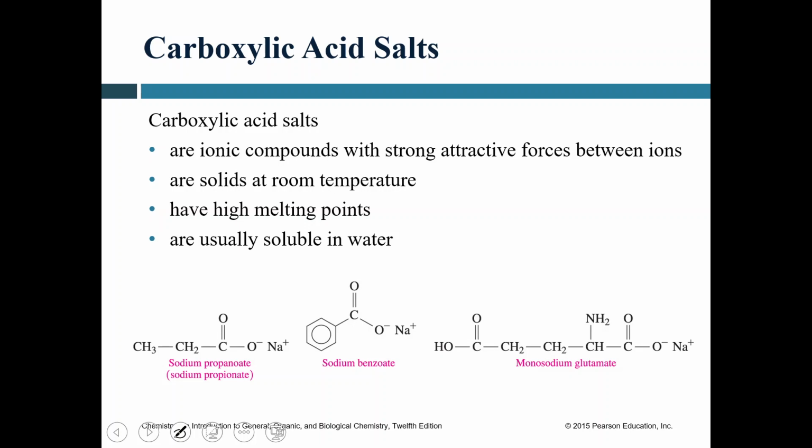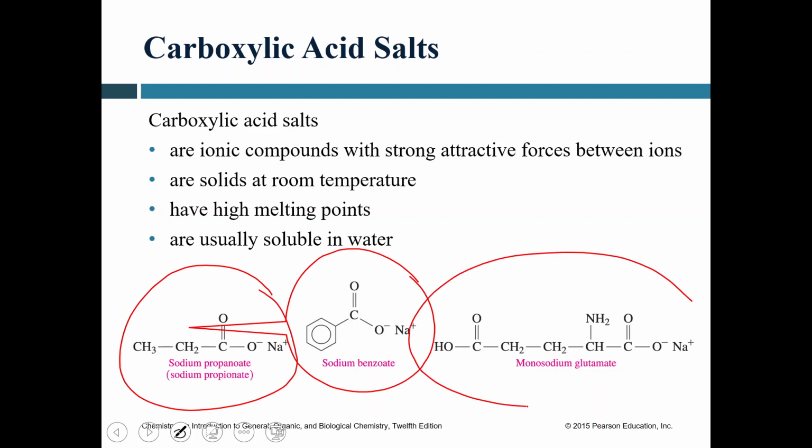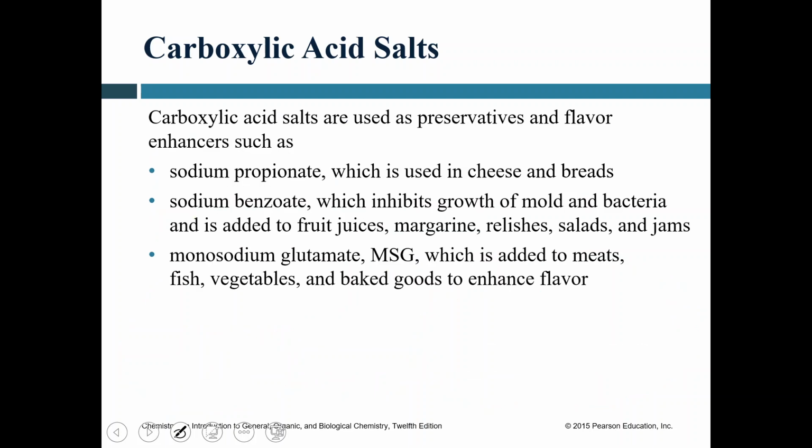So here we have 3 interesting examples that we're going to talk about in a second: sodium propanoate or sodium propionate, sodium benzoate, and monosodium glutamate. This is a pretty massive carboxylic acid, actually a dicarboxylic acid anion, but we're going to talk about the roles in the food industry.